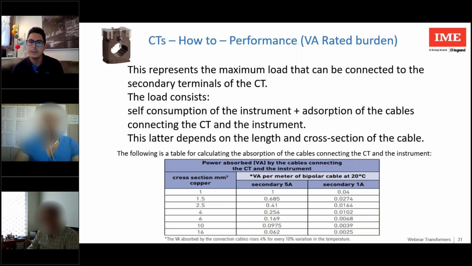This load consists of the self-consumption of the measurement instrument, that is normally more or less 1 volt amps, plus the absorption of the cables connecting the CTs to the instrument. This latter depends on the length and the cross-section of the cable. So you can find this practical table that gives the absorption for different cross-sections of the copper cable.